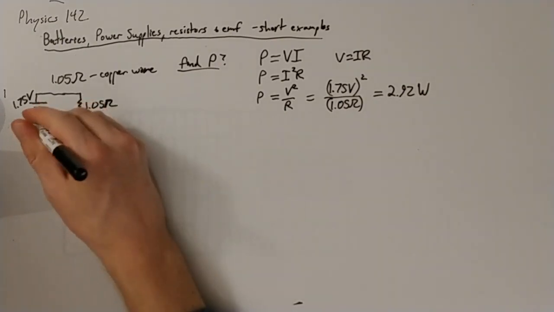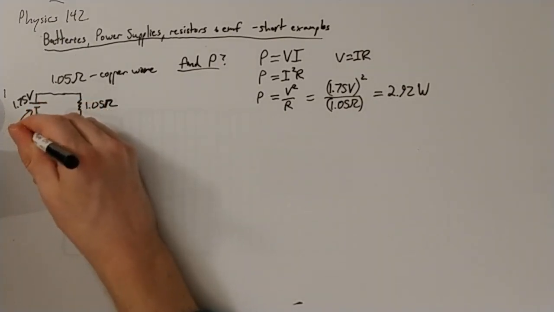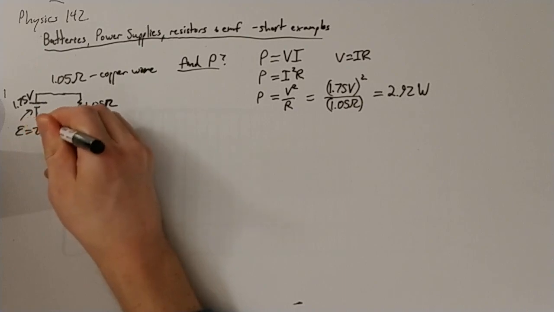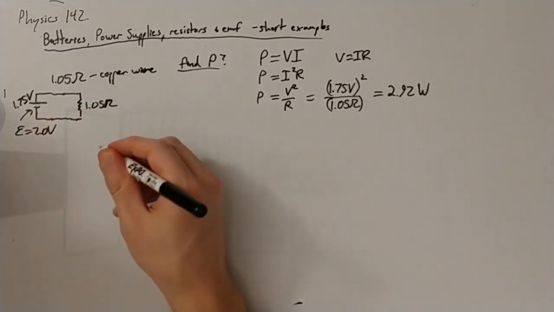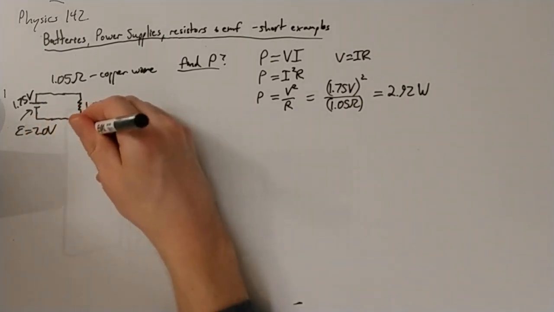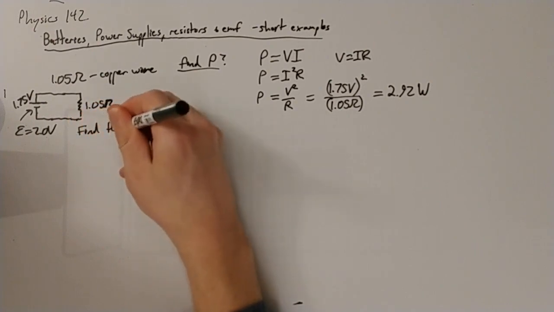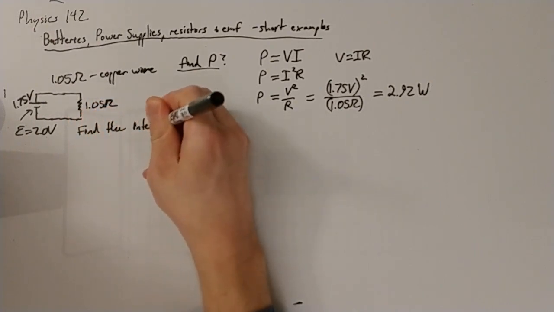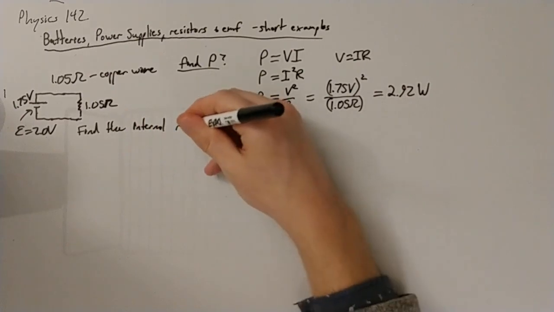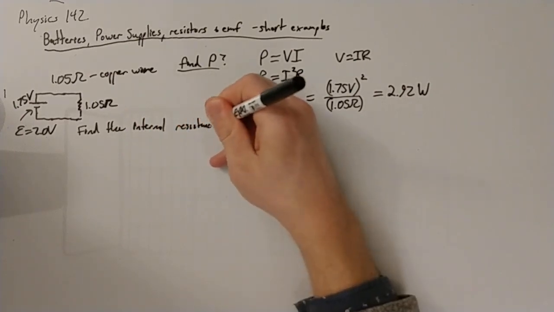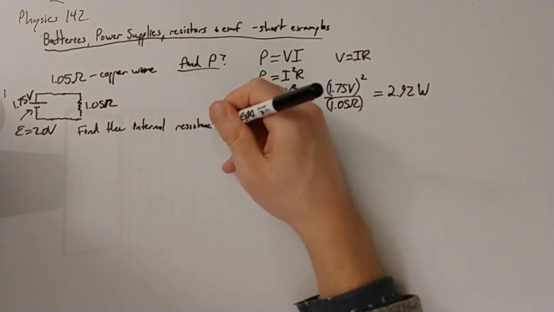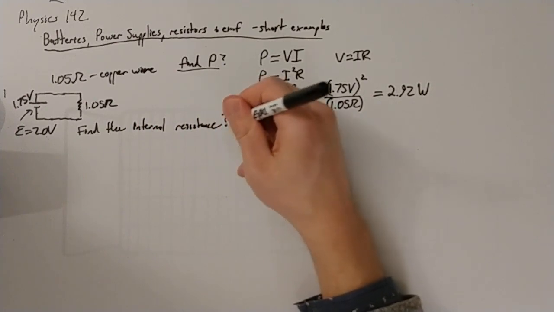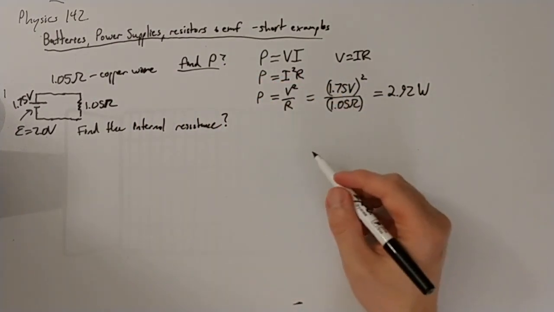So the EMF in this battery is actually 2 volts, and the question might be, find the internal resistance in that battery. How are we going to find the internal resistance?